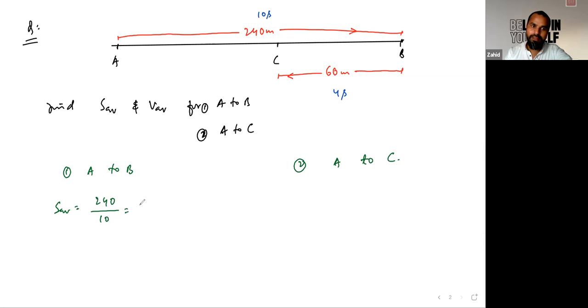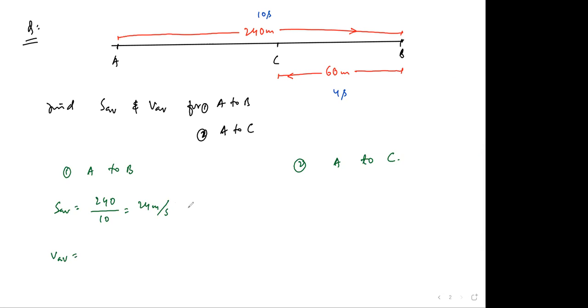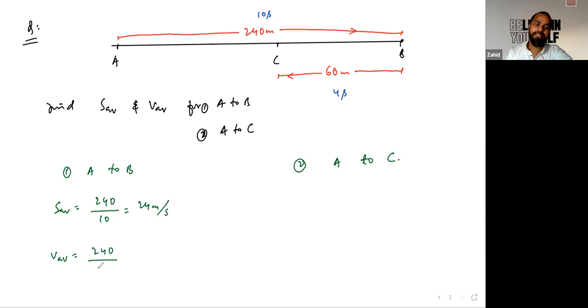So it will be 24 meter per second. While calculating average velocity, since the path is a straight line, distance and displacement would be equal. So the displacement would also be 240 and time taken would be 10, so it would be 24 meter per second.